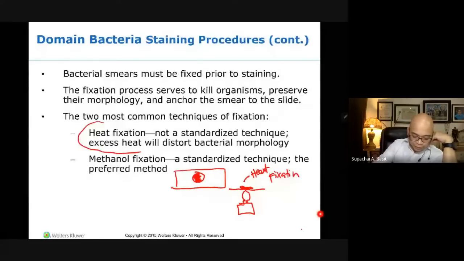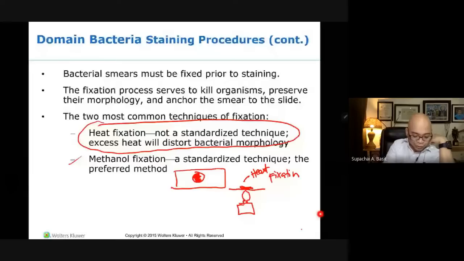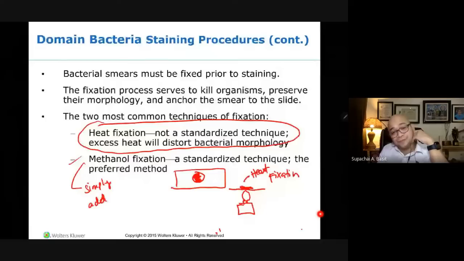Heat fixation is not a standardized technique, and the major disadvantage is that it will distort the bacterial morphology. So the preferred technique is methanol fixation, which means that we simply add the alcohol methanol.